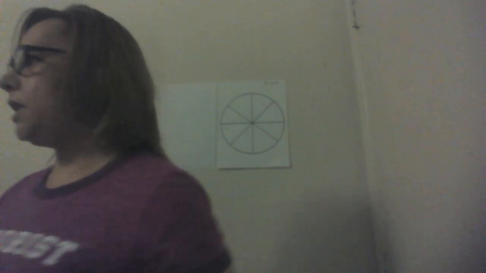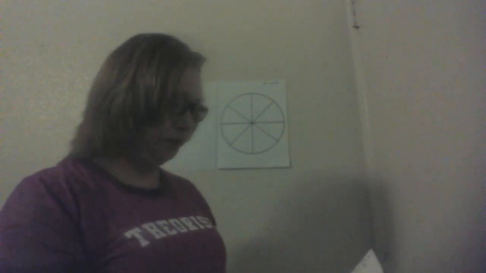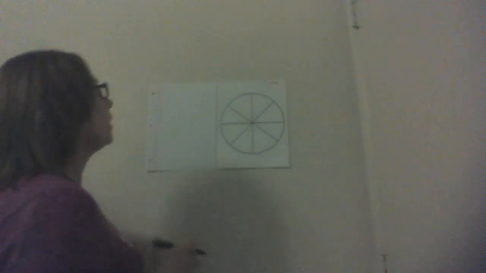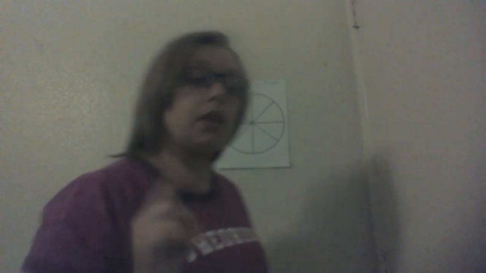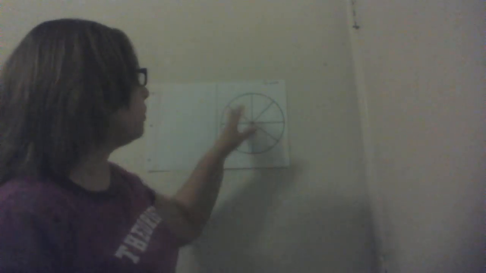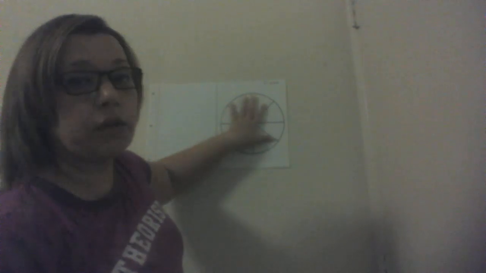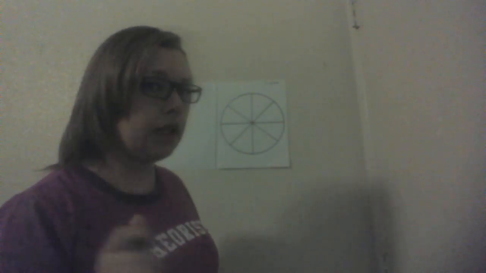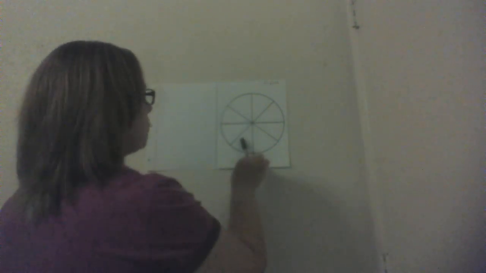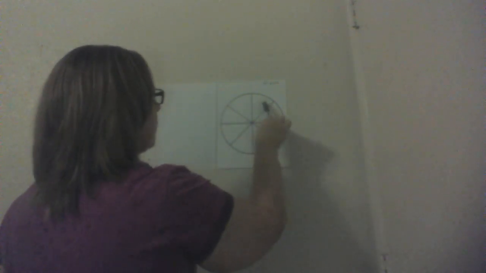So for our pizza model, it's very simple. So of course, we have to count how many pieces of pizza it is. Now, remember, we're going to be using the whole number of the pizza, which is all of this, as our denominator. So we count. So it's 1, 2, 3, 4, 5, 6, 7, 8.